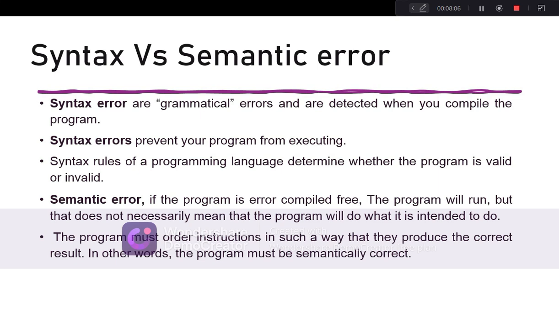The program runs, but the output is not correct. It's a logical error. Okay, so a syntax error is a grammatical error, and a semantic error is a logical error in coding. With a syntax error the program does not run, but with a semantic error it runs but gives an incorrect answer.